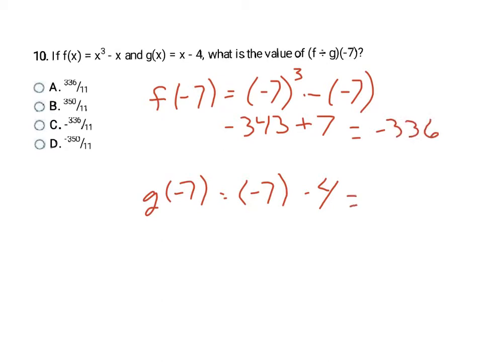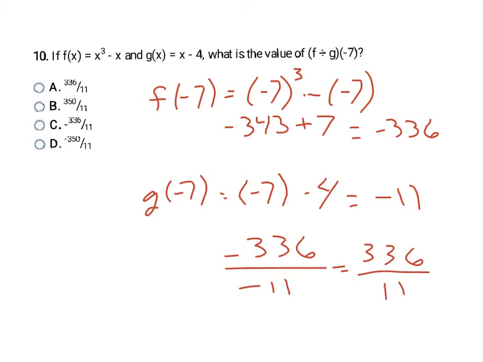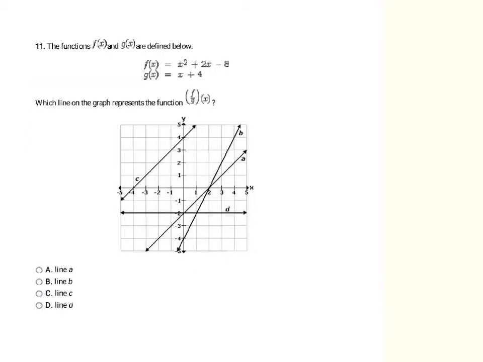And then here, -7 minus 4 is -11. And now that I have my two answers, I'm just going to divide them. So -336 divided by -11. The negatives cancel, and that's the only simplifying I can do. So I'm just left with positive 336 over 11, which is letter A as my final answer.